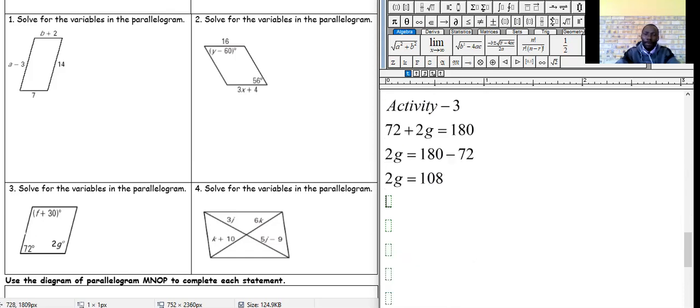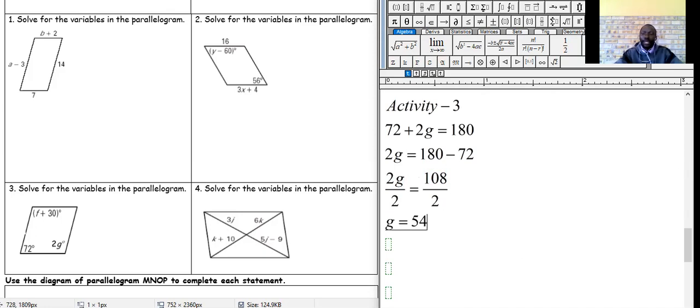So from here, we can find the value of G. How do we do that? Well, we have to divide 2G by 2. And what we have done on the left-hand side must also be done on the right-hand side. And so we have 108 divided by 2. So from that, we get the value of G as 54.